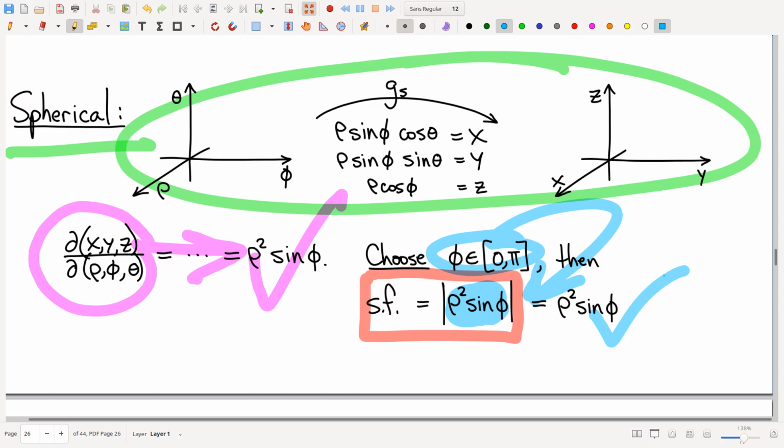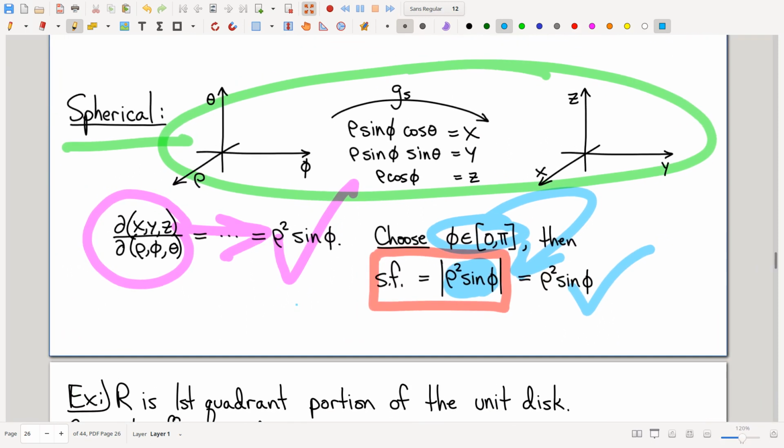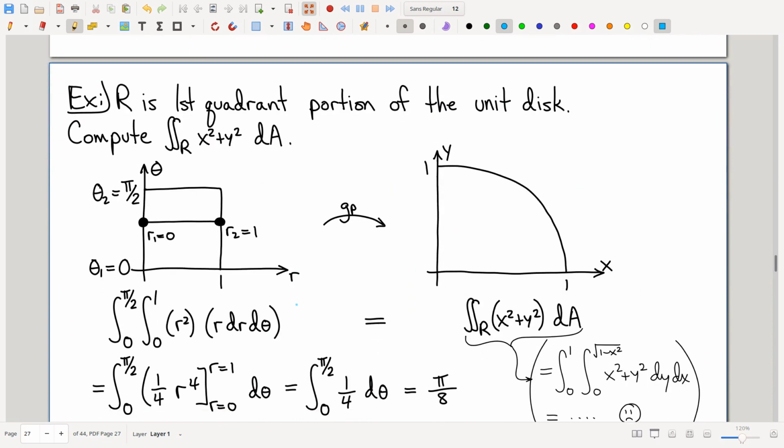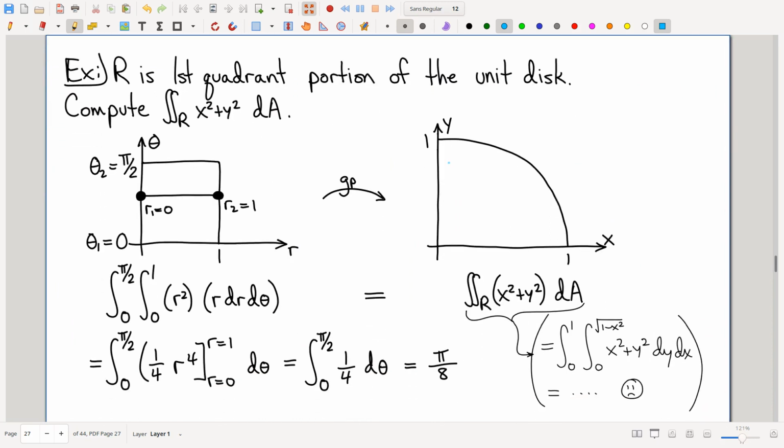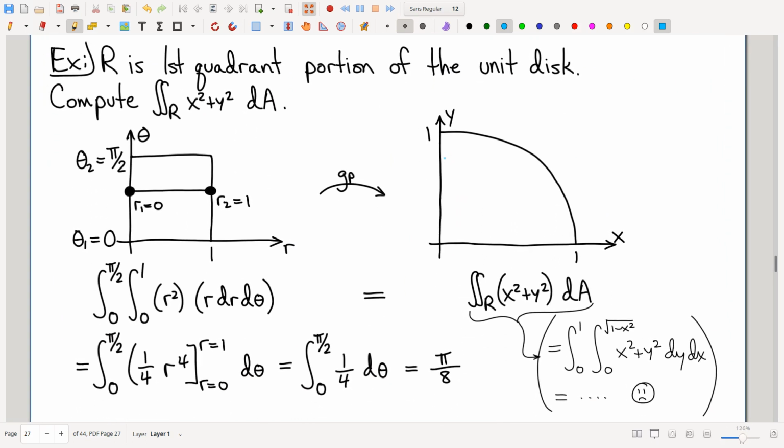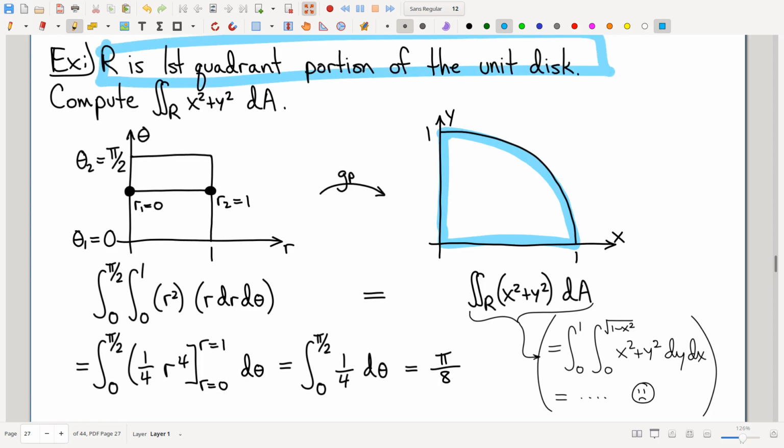Okay. All right. So moving along, let's see an example of this. We're going to start in polar coordinates. Here is a polar example. Let's consider this domain right here, this first quadrant portion of the unit disk. I claim this is a bad domain.